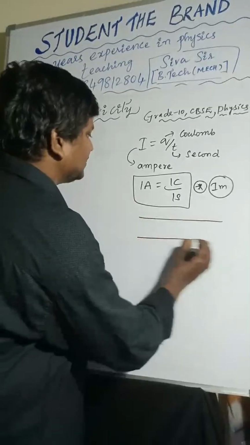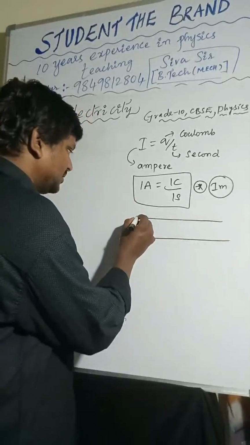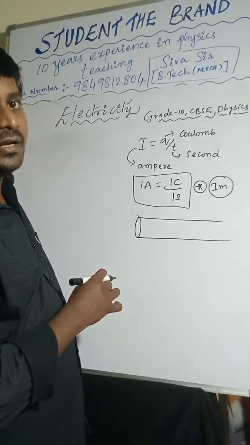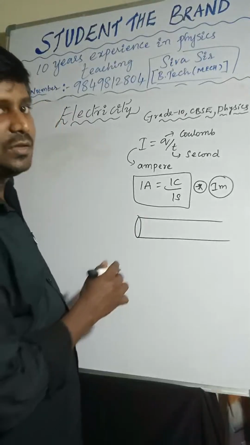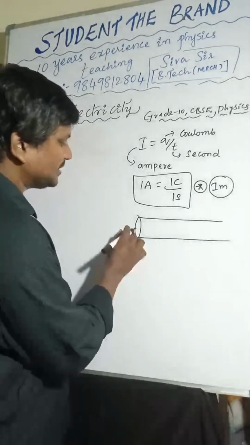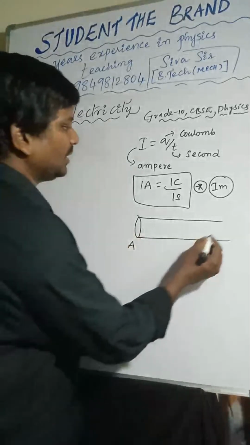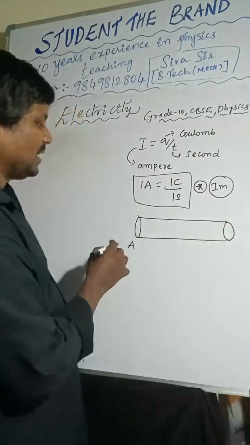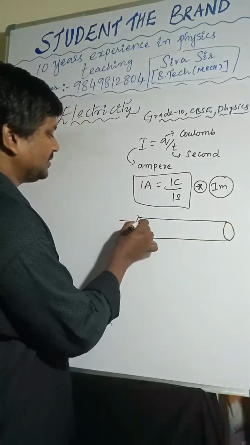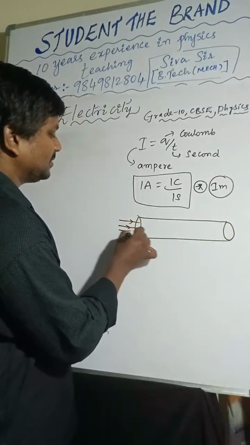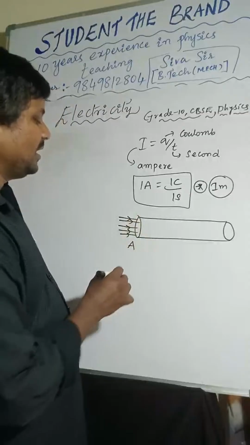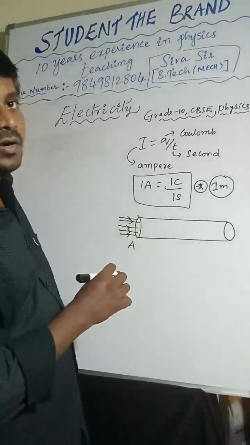I am considering the area of the cross section. If you are taking the wire, current will pass inside like this. This is called the area of the cross section.